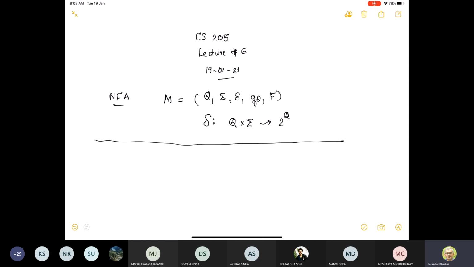So first of all, we extend delta, the transition function, to delta hat.